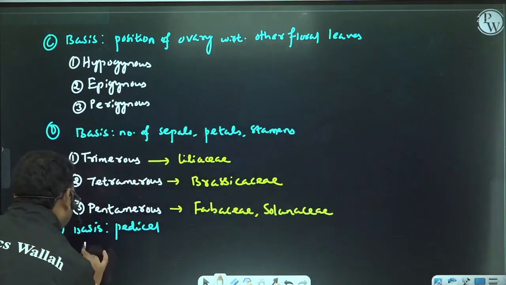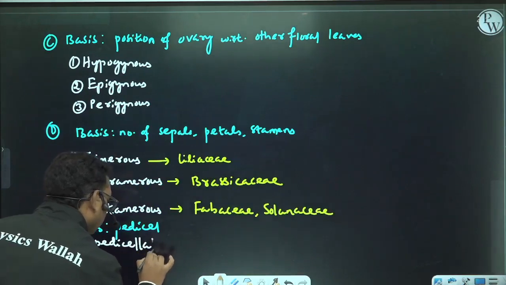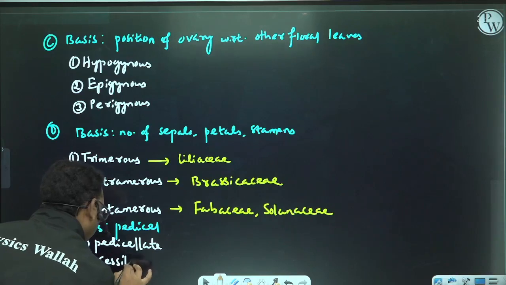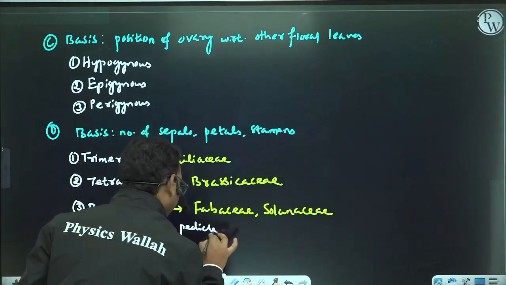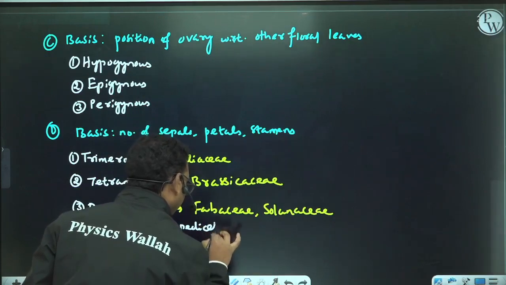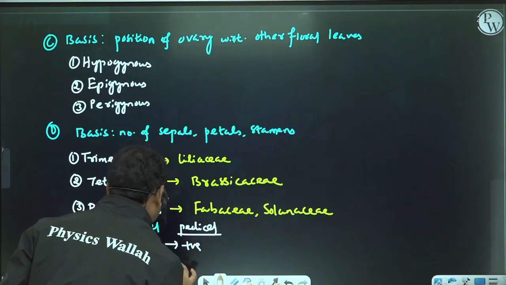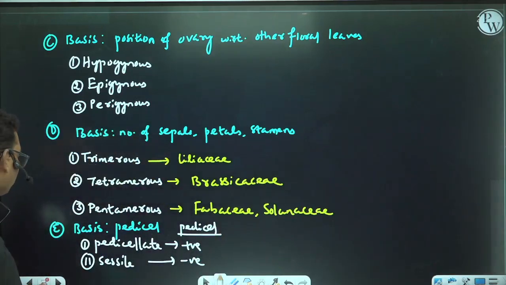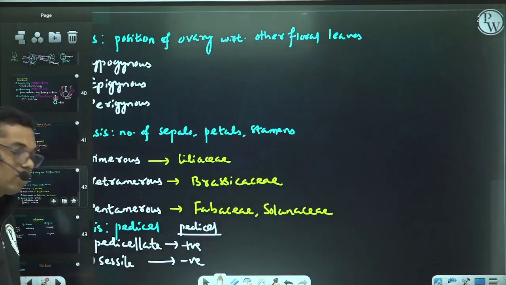One is the pedicellate flower and the second is the sessile flower. In a pedicellate flower, pedicel is present. In a sessile flower, pedicel is absent. So these are the different criteria by which we can classify the flowers.